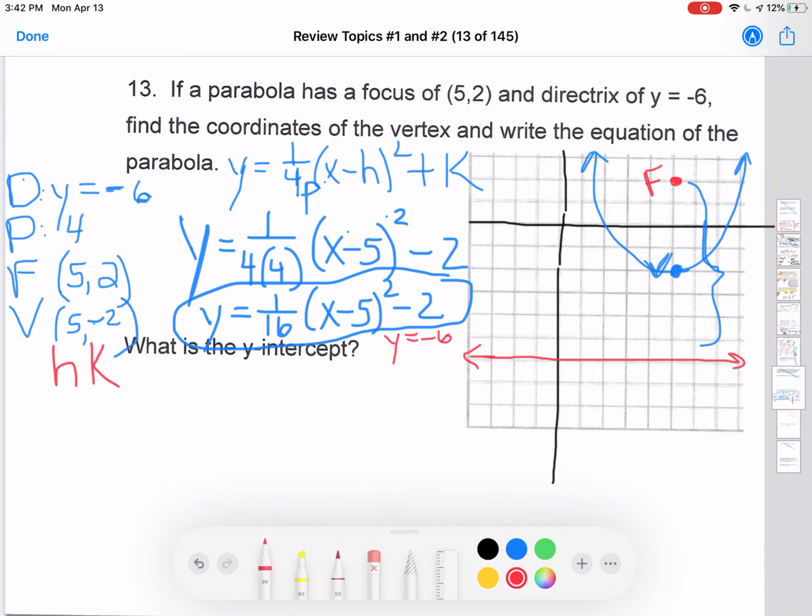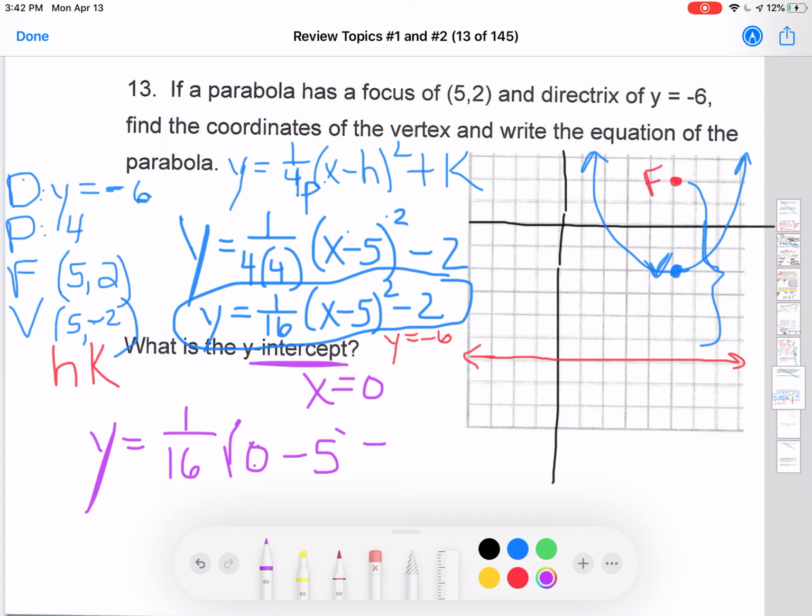So in order to find the y-intercept, we got to plug in x equals 0. So y equals 1/16 0 minus 5 squared minus 2. So y equals, hold on 1 second.